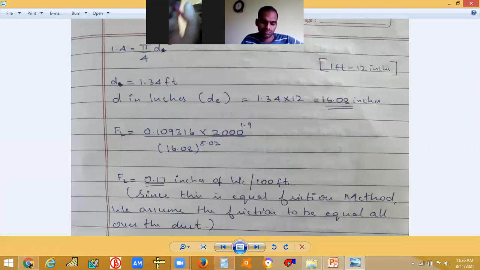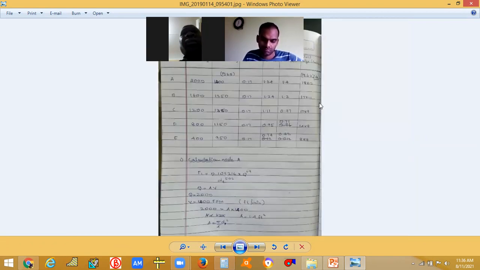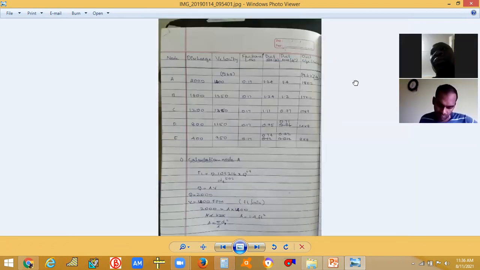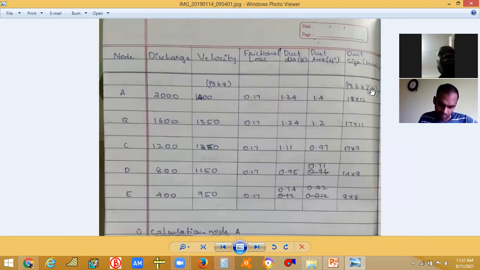We already got the round duct diameter. Now we are going to convert the diameter into rectangular duct dimension. To find the rectangular duct dimension, we have to know the diameter in inches. Don't forget, we have to take the diameter only in inches. Then only we'll be getting the answer. Otherwise, you won't get the answer. So you can write: take DI value in inches, right somewhere here.